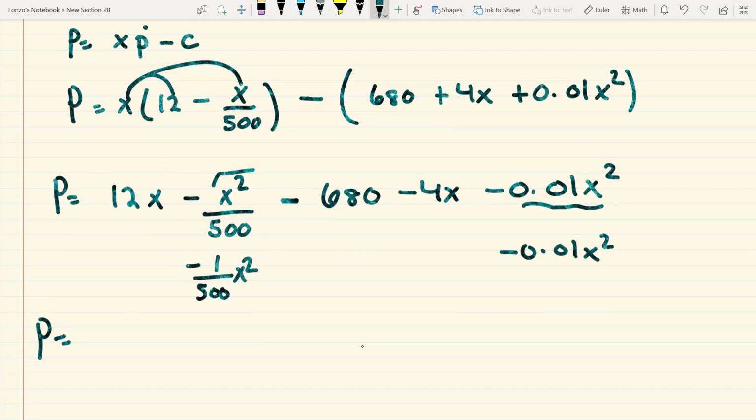You can combine these two terms because they both have an x squared. Negative 1 over 500 is a decimal, which is like negative 0.002x squared.